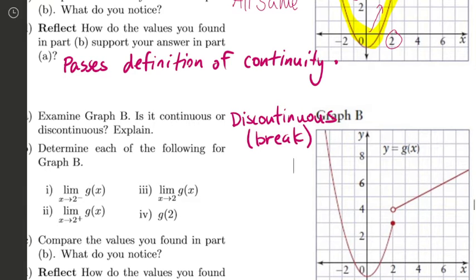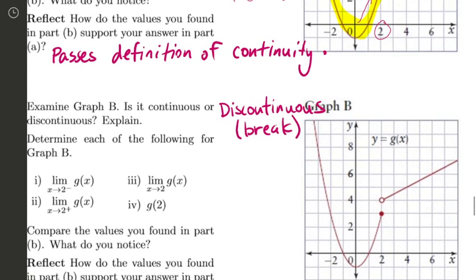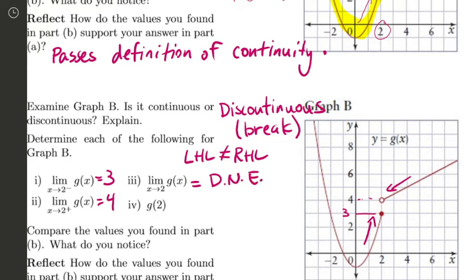Then let's look at some of the limits here. The limit as x approaches 2 from the left. This time we're approaching that y value of 3, so we're going to say 3. Let's look at the limit as x approaches 2 from the right. Up here it looks like it's approaching a y value of 4. So therefore, the left-hand limit is not equal to the right-hand limit, which means the limit as x approaches 2 does not exist.